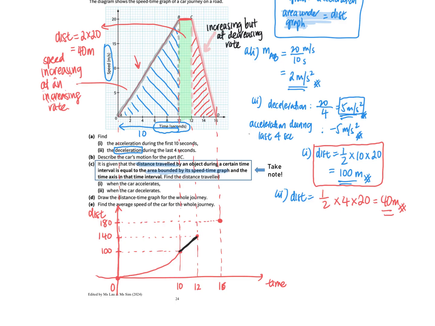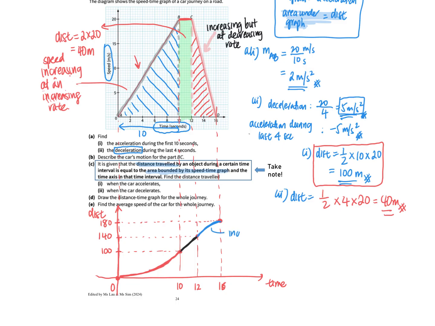So when we draw the last portion, it becomes like this. The slope gets gentler and gentler. This one, the slope should get steeper and steeper. Okay, not the most perfect drawing, but you just need to show me that this part here is a curve. This portion here is a straight line. And then this portion here is increasing at a decreasing rate.